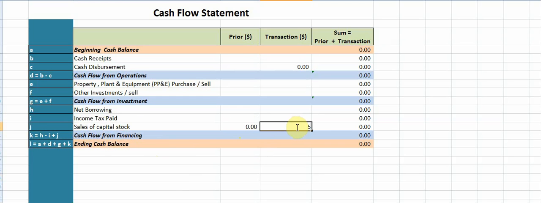Current transaction is $50,000. So I have made $50,000 entry in my current transaction and the total is $50,000. As there is no beginning cash balance, that's why the ending cash balance is $50,000.